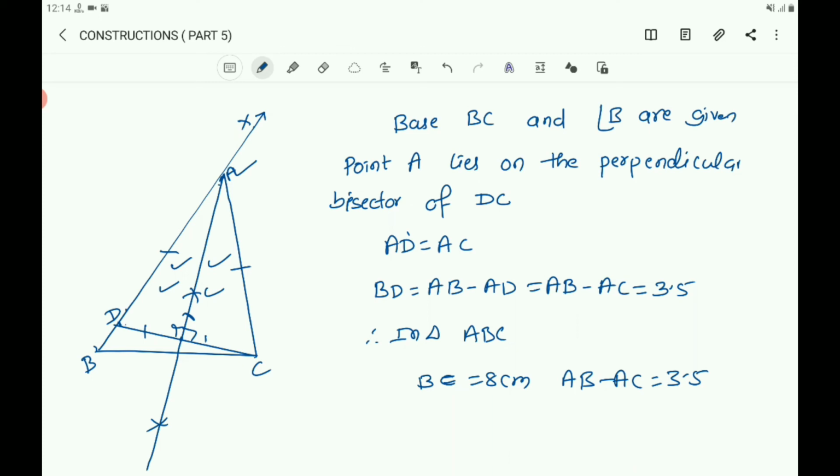And the same as in case 2, if AC is greater than AB, then also you will get the difference of AB and AC as 3.5 here.